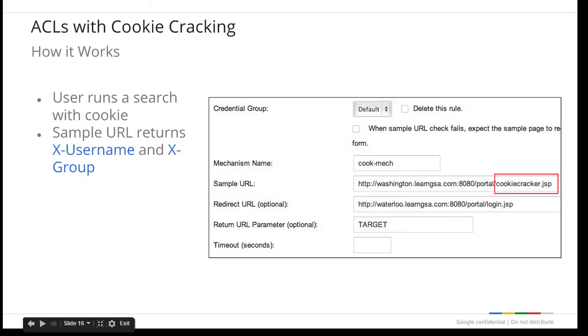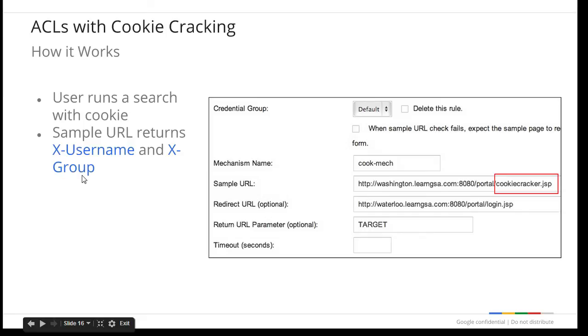This script can be written in the same programming language that you're using to read the cookie on the content server already. It simply needs to be able to return the user's identity as an HTTP response header named x-username, and optionally, a comma delimited list of groups as another HTTP response header named x-group.